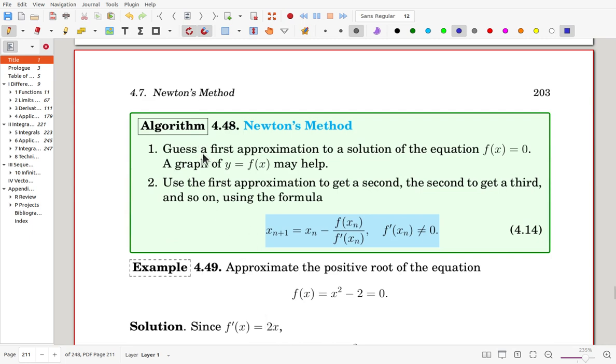Start with the first approximation, and you may try to use the graph of y equal f(x) to get a good approximation. Now here, use the first approximation to get a second, and use the second to get a third, and so on.